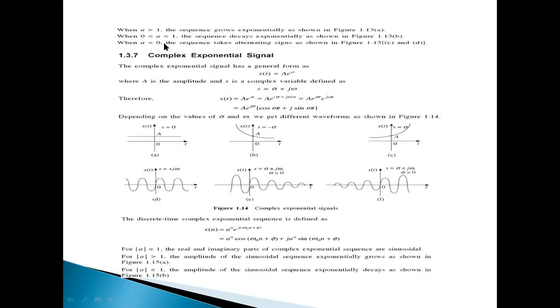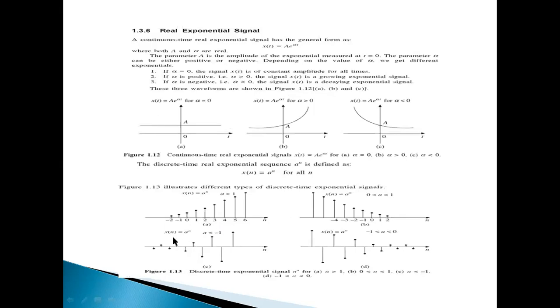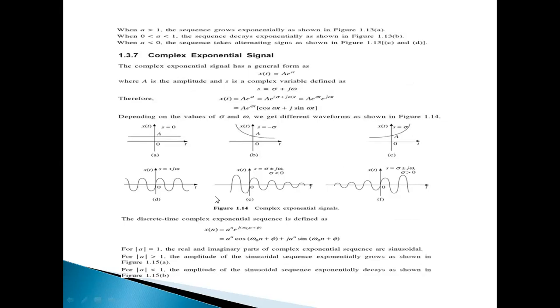When A is less than 0, the sequence takes alternate signs. Less than 0 means minus 1, minus 2, minus 3. See, minus 1, minus 2 alternates: one time positive, one time negative, positive, negative. When A is greater than 1, the sequence grows exponentially.